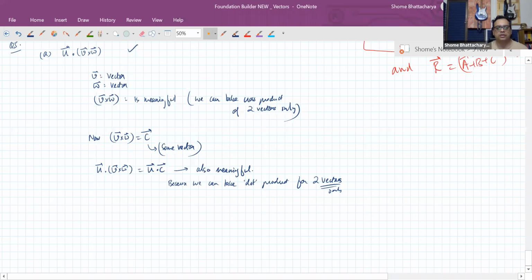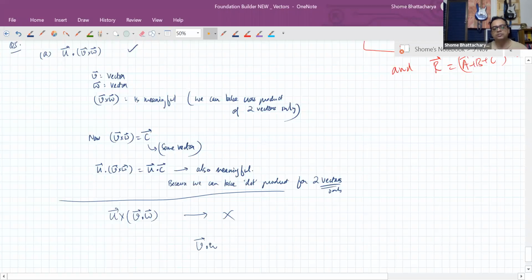Now see, in the same question, suppose I had an option like this, that I have to take u cross of v dot w. Then you would see it does not make sense. Why? Because v dot w is a scalar quantity, not a vector quantity. So u cross v dot w is u's cross product with a scalar.